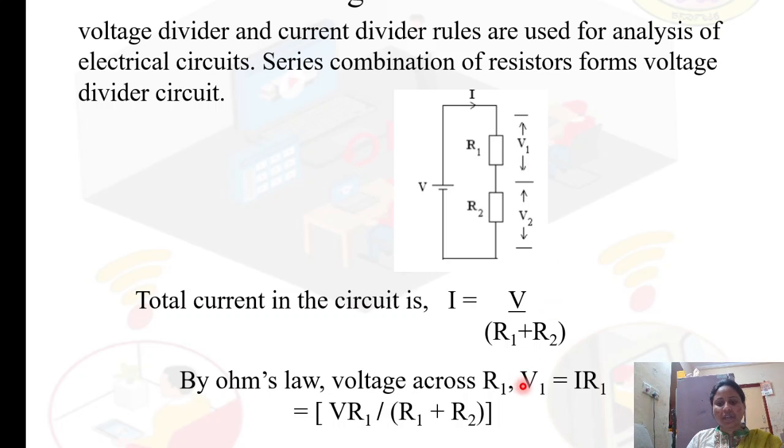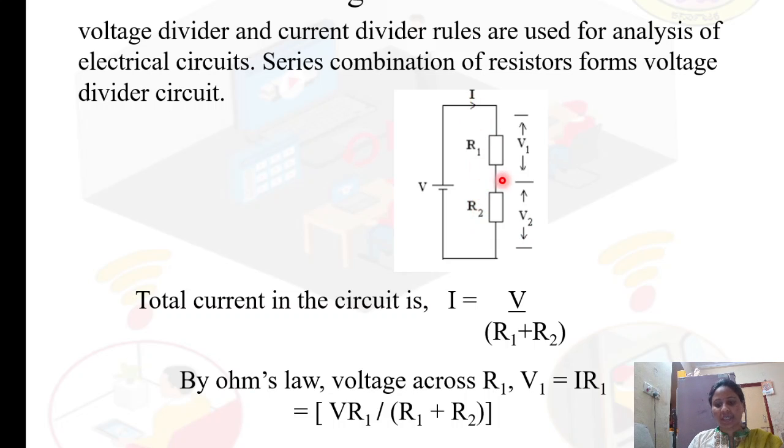Now we can express the voltage across resistor R1 by substituting the value of I in V1. V1 can be written as V into R1 divided by R1 plus R2. Similarly, we can find the voltage across resistor R2 as V2, which is I into R2.